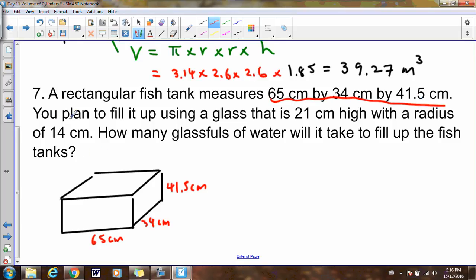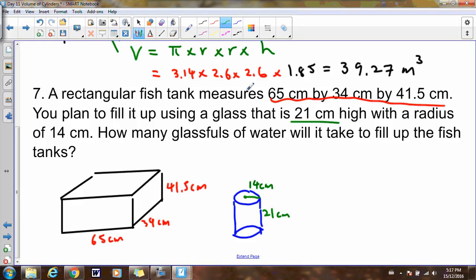And it says that you plan to fill it up using a glass that is 21 centimeters high and a radius of 14 centimeters. Okay, so this is a little interesting because a glass has the shape of a cylinder. So imagine this is our glass. You can fill it with a glass of water, right? So the information that's given to us here, I'm just going to use green here, is that it's 21 centimeters high, and the radius is 14 centimeters.